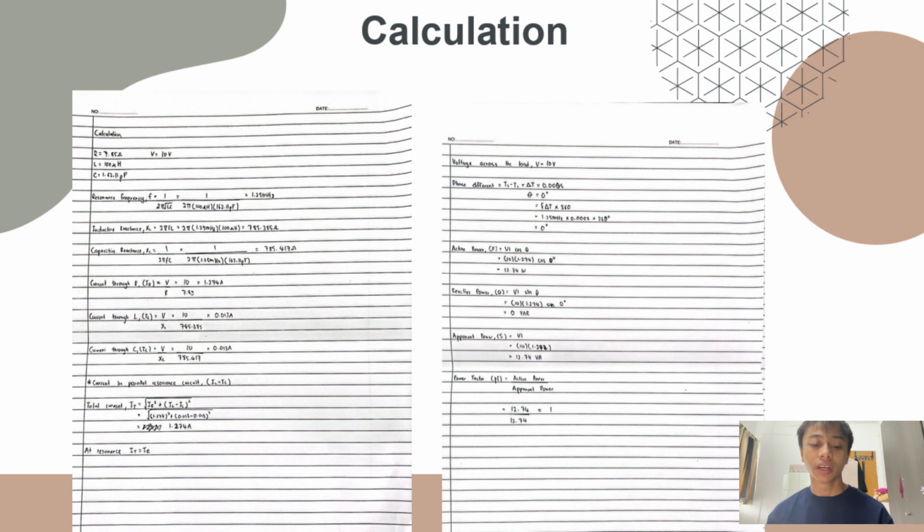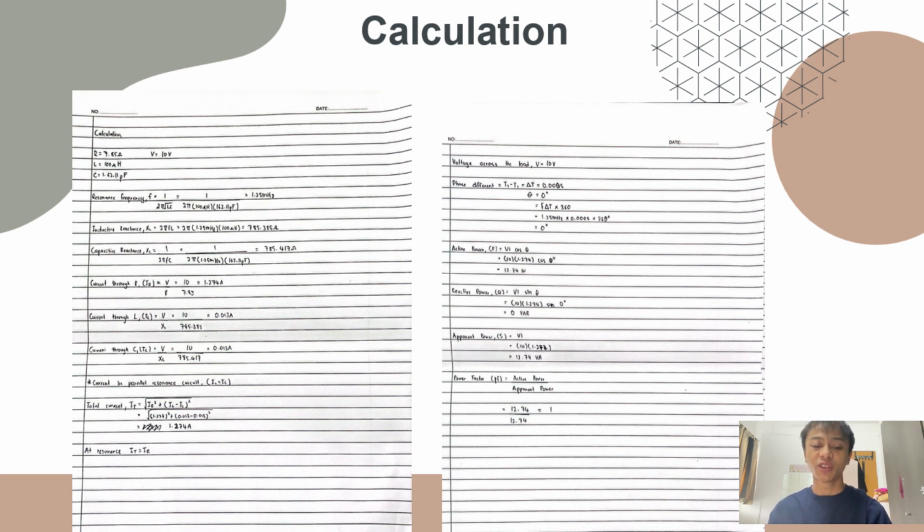Then we calculate the current through C, V over XC, 10 over 785.417 ohm. We got 0.013. We assume that in a parallel resonant circuit the currents are equal, IL equal to IC.